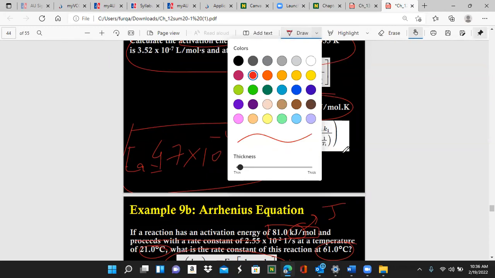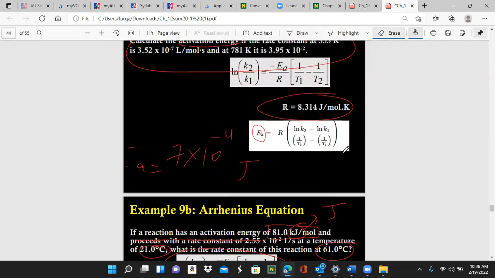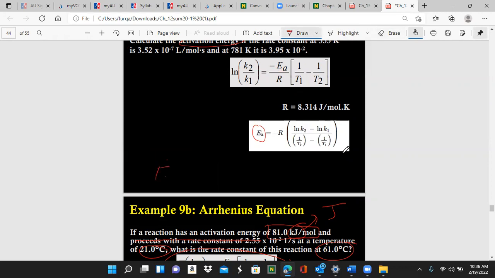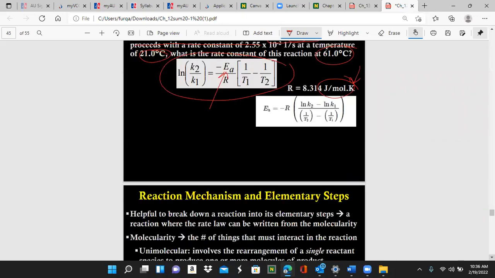So I'm going to erase this part first. 1.8 times 10 to the power... and that will be the rate constant, which is going to be per second.